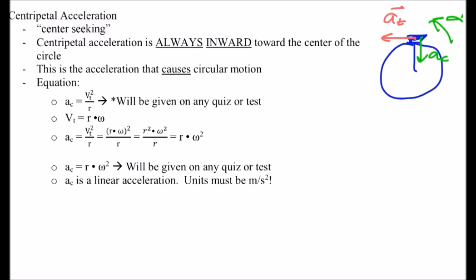The centripetal acceleration is what causes circular motion to occur. It is because of that centripetal acceleration that an object goes through a circular path in the first place.